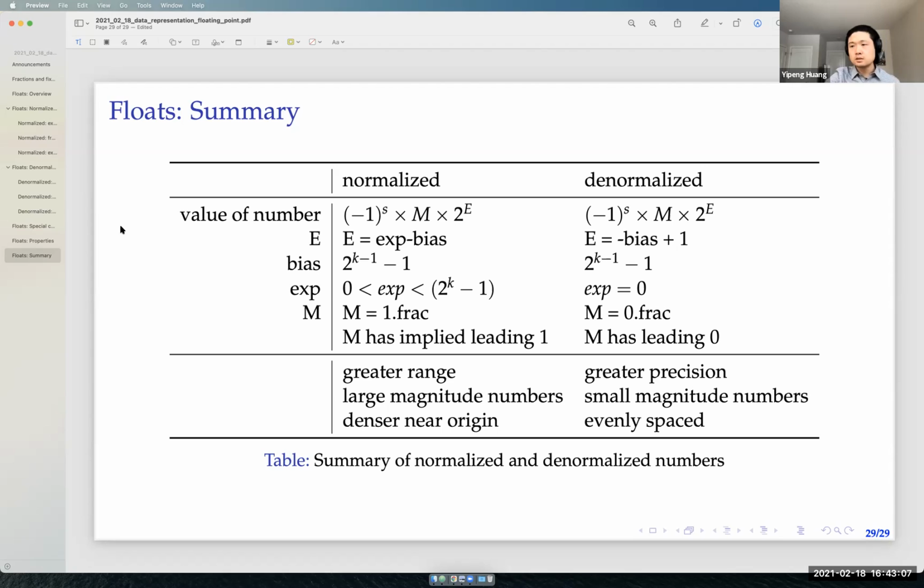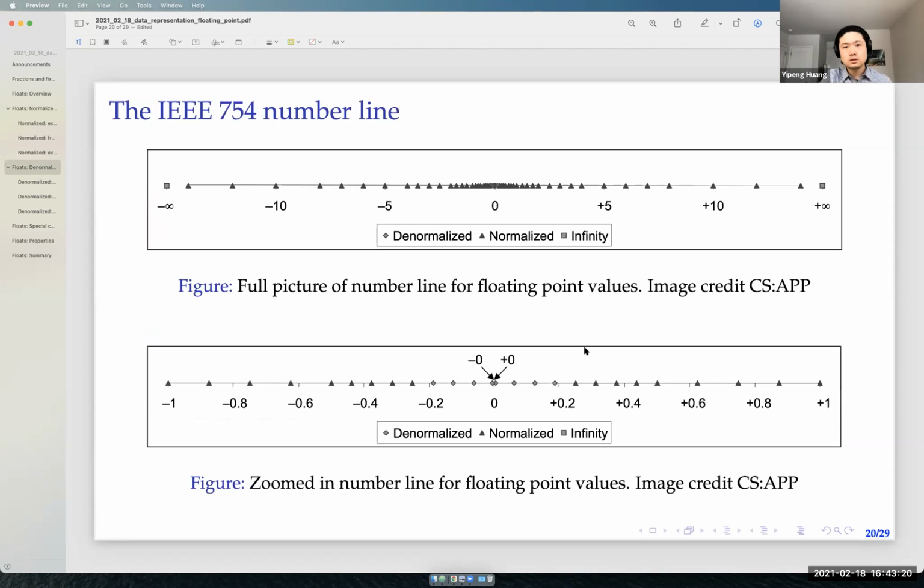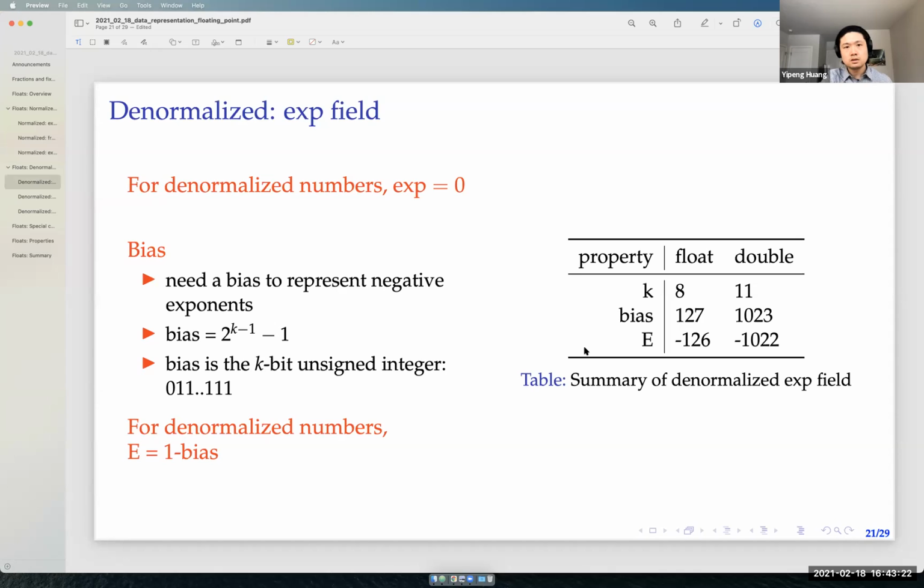Yu Chen is asking, still confused about how in denormalized numbers the EXP field is 0. So for denormalized numbers, it's just any number where the EXP field is set to 0.